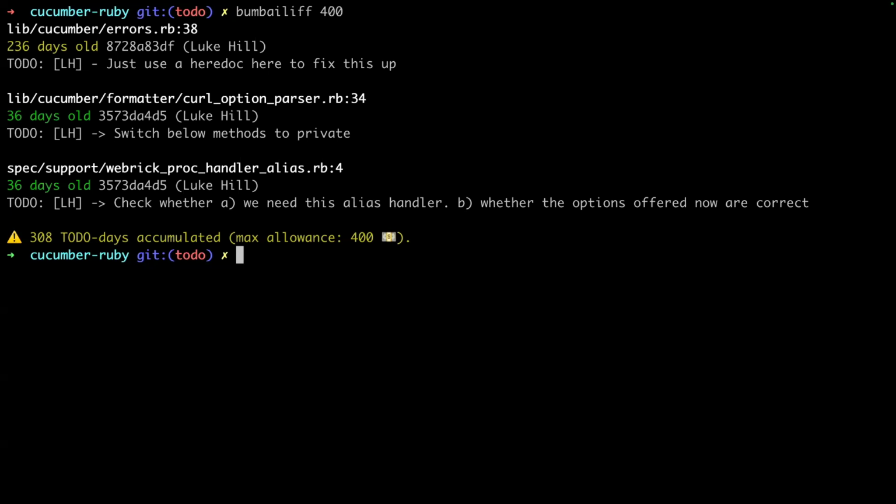So this one here at the top is almost a year old, 230 days old. And the other two were written in the last month or so. So cumulatively today we have 308 to-do days, and I've said that we're allowed 400. So we're still just about within the limit, but we're getting close to it.